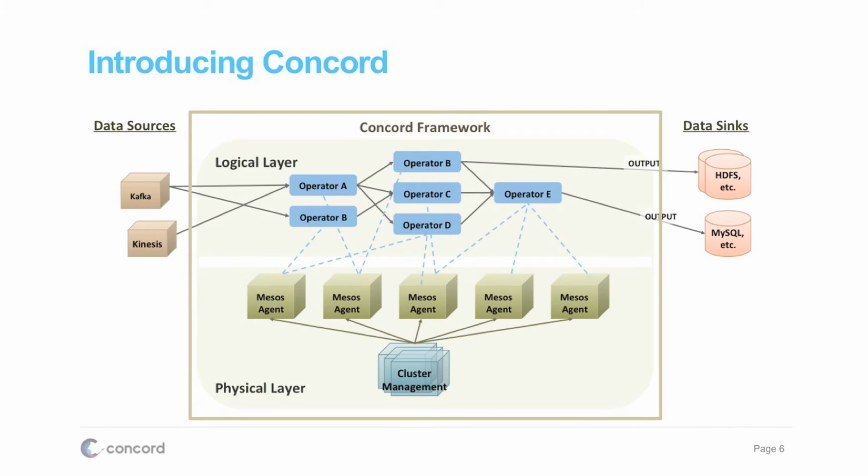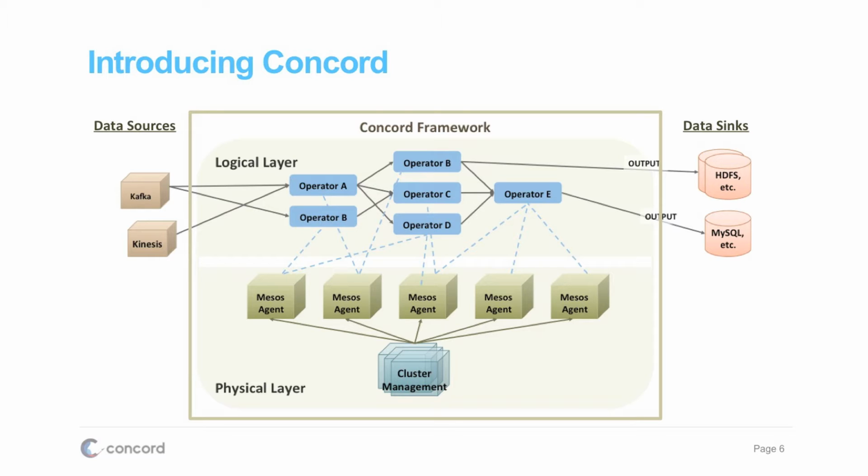In Concorde, as in other stream processing frameworks, we sit between data sources and data sinks. We see our world as the logical layer where our users or developers program their operators, the business logic or application logic, what you want to do with the data, or if you want to call an API afterwards or write to a database, that's all totally fine.